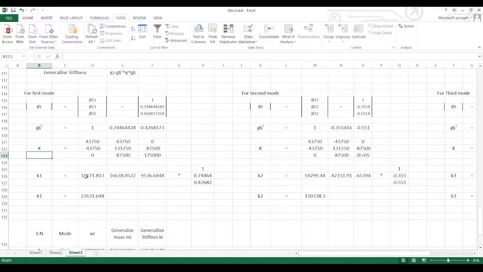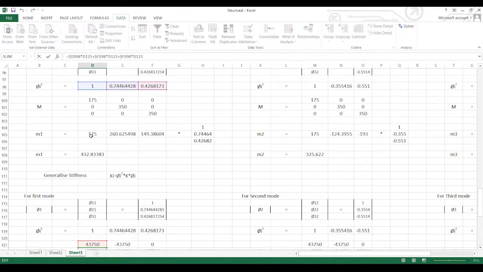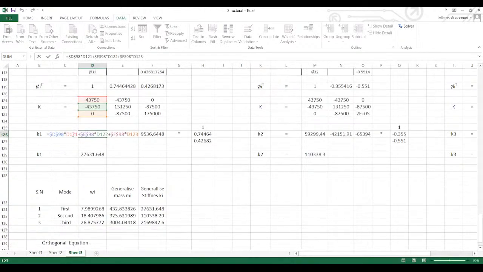Here what we have to do: instead of 98 we have put 119.